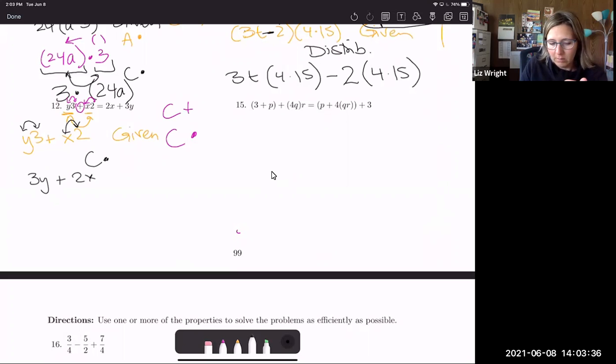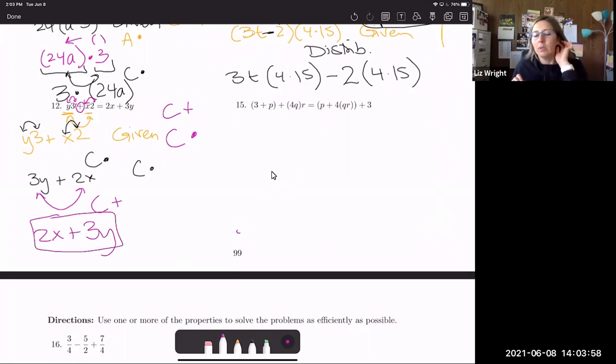And then if you want, you can even put the commutative multiplication right there. And then what's going to happen? We are going to take these two and trade places, and that is the commutative addition property. And that gets us to 2x plus 3y. Boom, there's our answer. All right, number 15 on page 99.